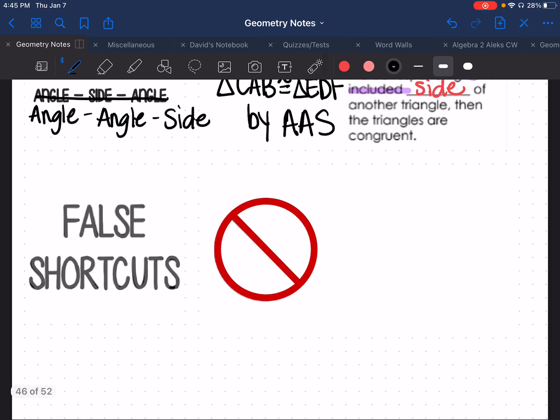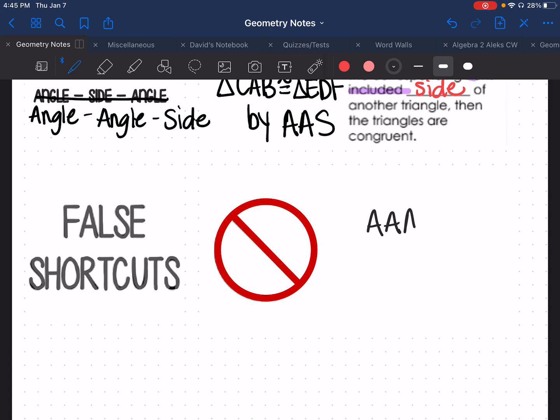Now, there are some false shortcuts. You might be thinking, well, I can put the letters A and S together in different ways, miss. There's two other ways that you can put them together that you might be thinking of. And the first one is probably A, A for angle, angle, angle. This does not work. You cannot do it.